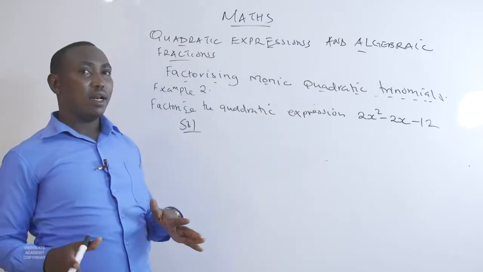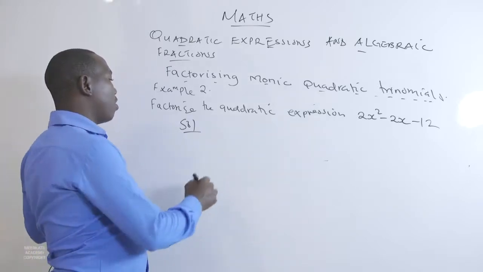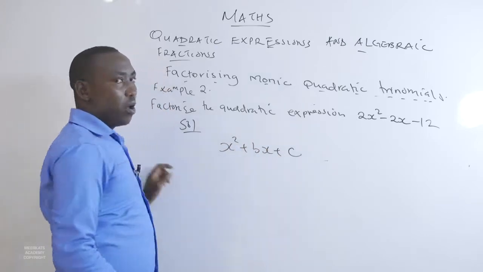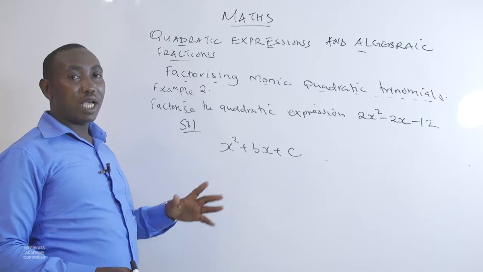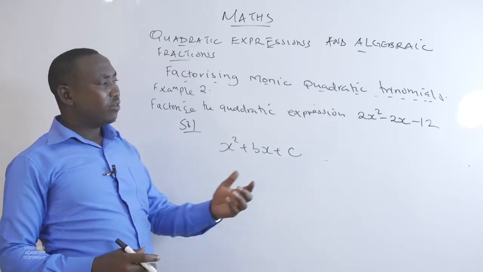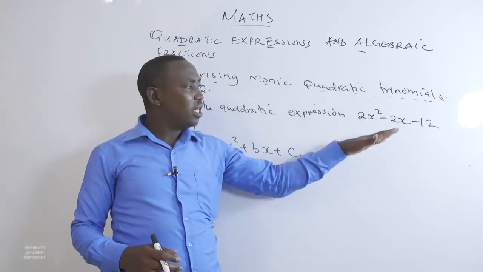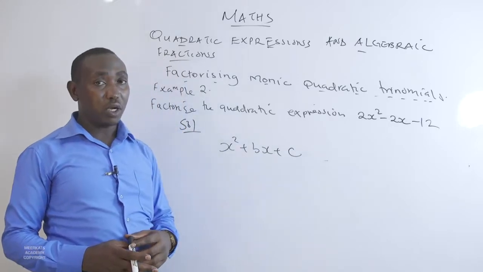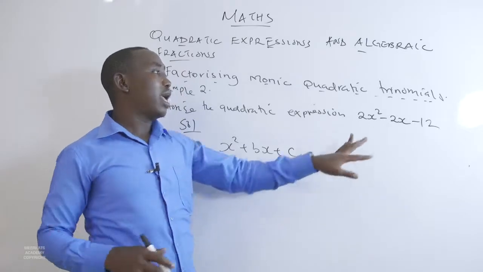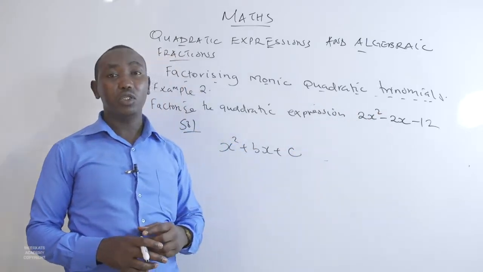Now, if you're very keen, we had said that monic quadratic expressions are always of the form x squared plus bx plus c, where the first term, the highest power of x, has no coefficient. But if you look at this expression, this cannot be a monic expression because 2 is not 1, or the highest power of x has a coefficient which is 2.